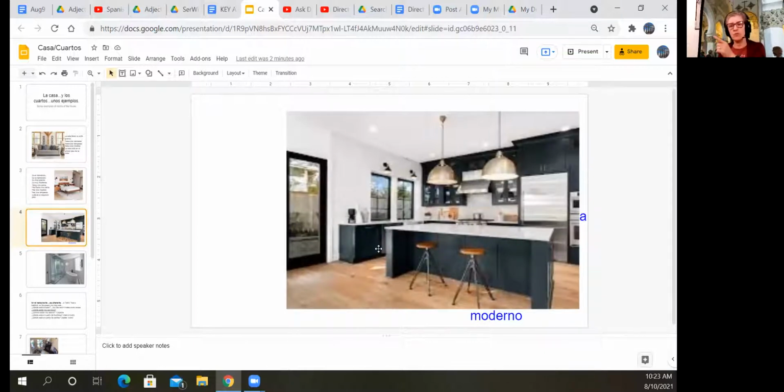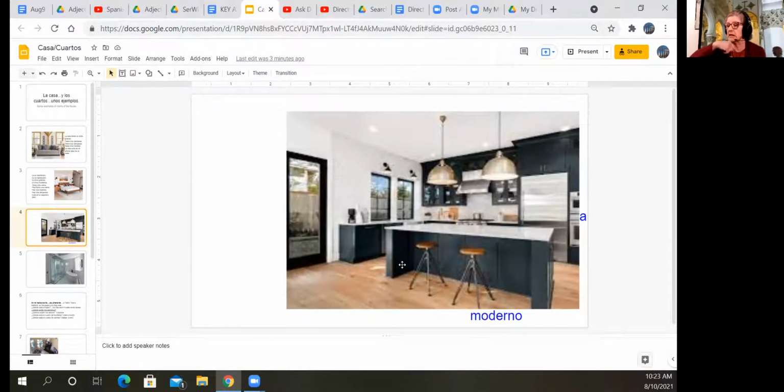¿Qué cuarto es? What room is this? La cocina. La cocina, es la cocina. What might we say about this room, la cocina, this particular one? What things might we say about this? Tiene la isla para el comer.